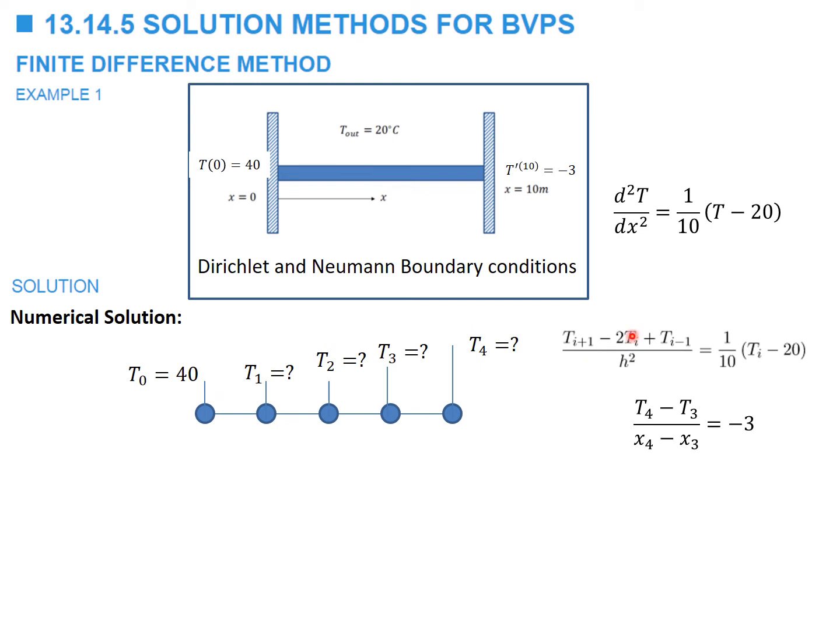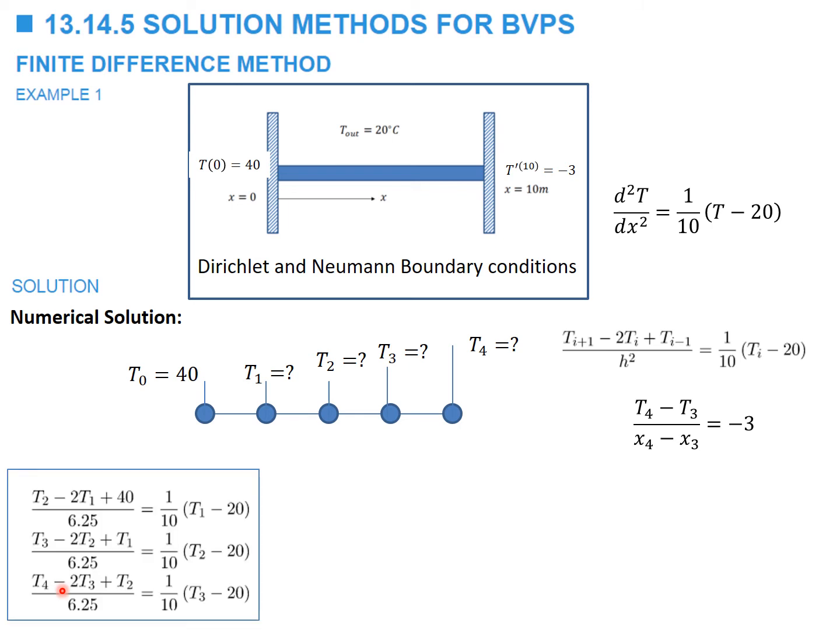So we are going to get three equations like before, when setting i equal to 1, 2, and 3, and then a fourth equation setting the derivative at T4, using the backward finite difference, equal to -3. These are the three equations that we obtained before. The difference, of course, is that last time T4 was given, but now T4 is an unknown.